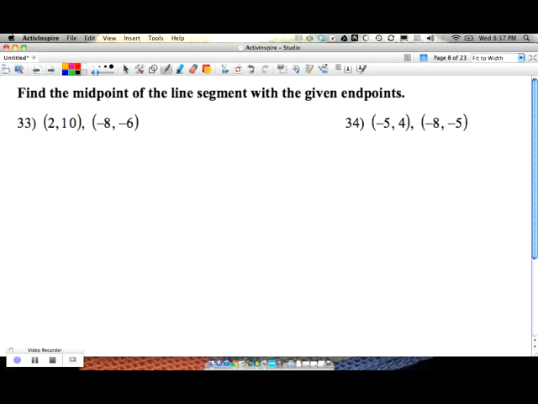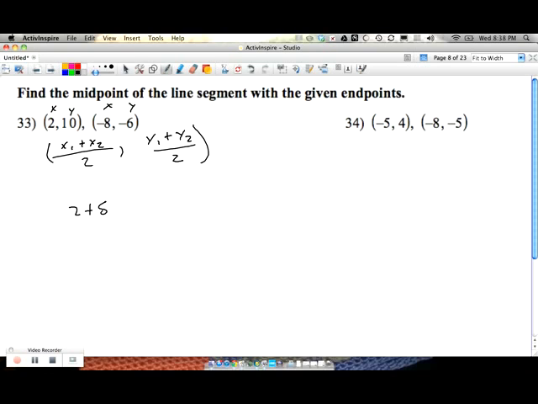All right, let's look at the next one here. Find the midpoint of the line segment with the given endpoints. Ooh, so they're not going to give us a picture, just the numbers. Well, but if we remember what we were just looking at, we had a formula. It had x1 plus x2, the x's divided by 2, and the y's divided by 2. Well, here's our x's, and here's our y's.